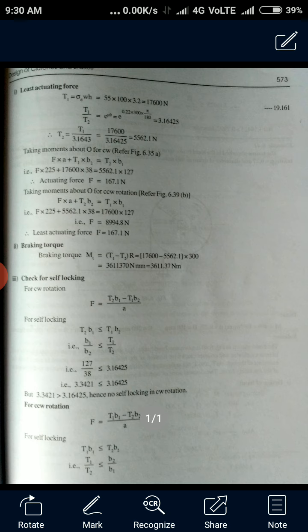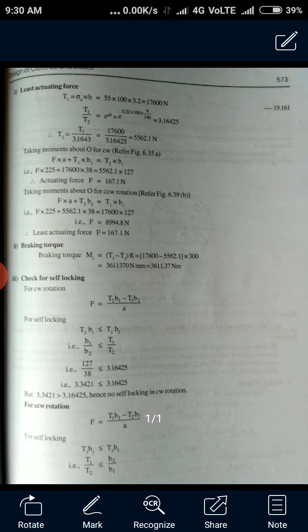So the least is 167 Newton, and that is selected. Now the braking torque is given by the equation Mt equals bracket T1 minus T2 into R. You know T1, T2 and R, substitute that, and you get a torque of 3611.37 Newton meter or 3611370 Newton mm.